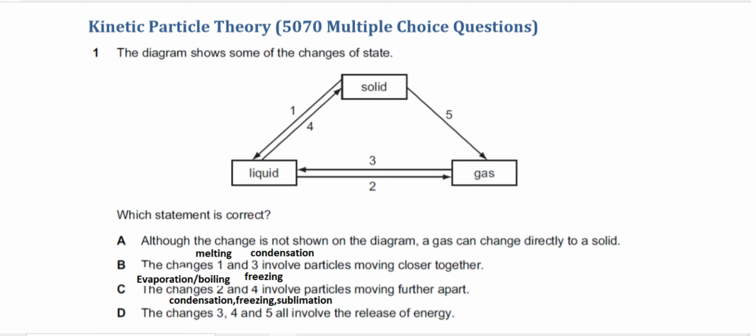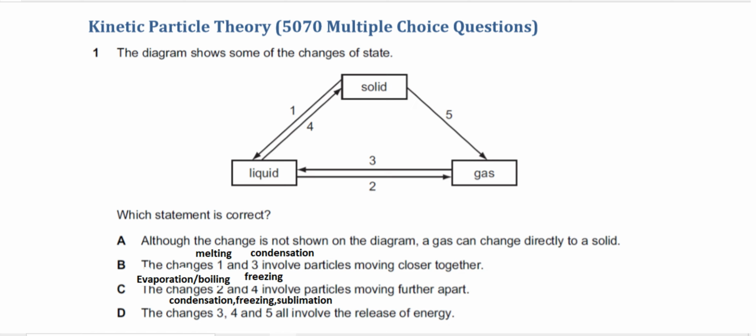The D option says the changes 3, 4 and 5 all involve the release of energy. 3 is when gas changes into liquid, that means condensation. So in condensation, energy is released, yes. In 4, liquid changes into solid, that means freezing occurs. And in freezing, the particles come closer, they release energy.